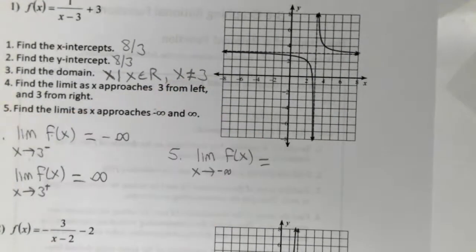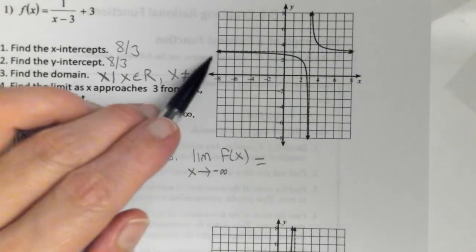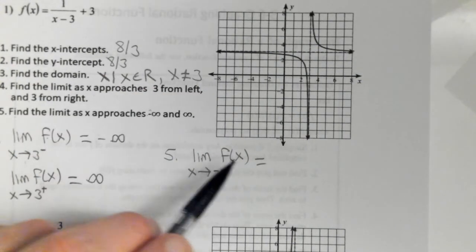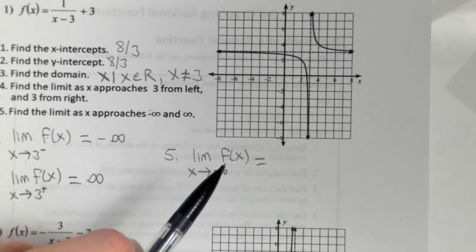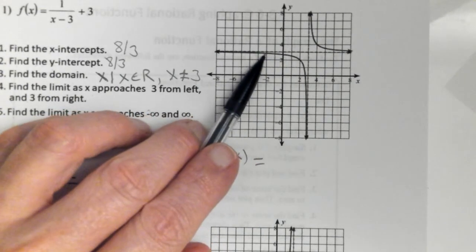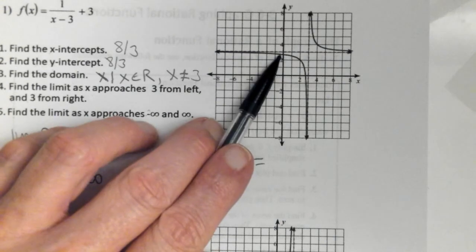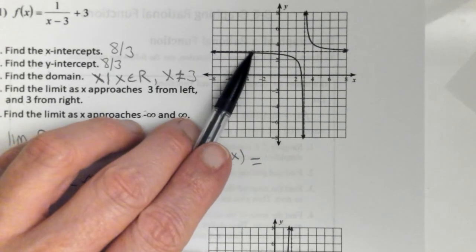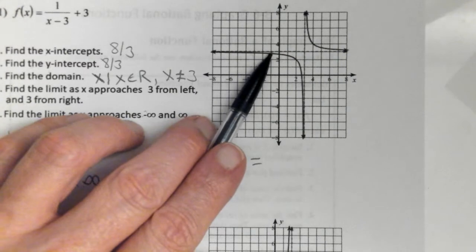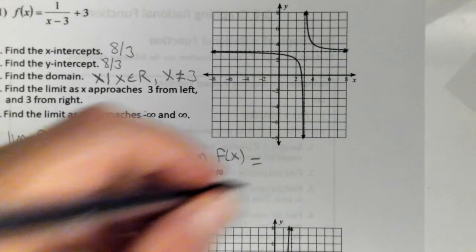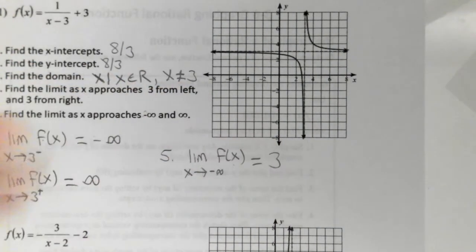Let's see what that would be equal to. What would the function itself be getting closer and closer to? Well, judging from the graph, it's getting closer and closer to the value of 3. So that's the limit.